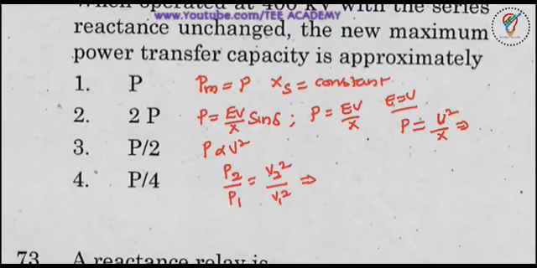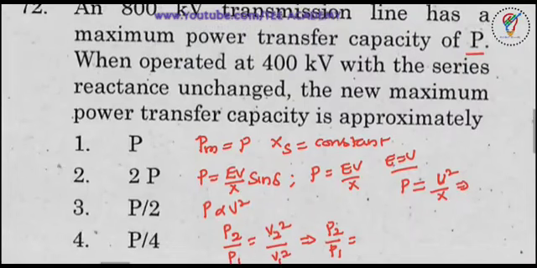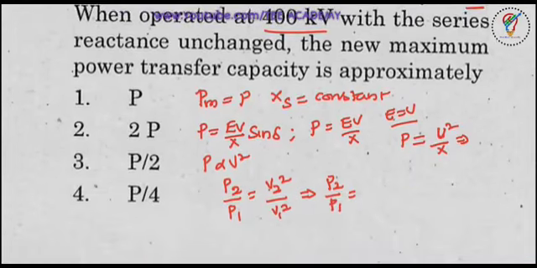Now here take this value. So P2 by P1 is equal to V2 is decreased. How much? 400. Earlier we were using the transmission line to transmit the power at 800 kV. Now we operate at 400 kV. So V2 square means how much? 400 into 400 divided by 800 into 800. I am cancelling kV square here and kV square here.